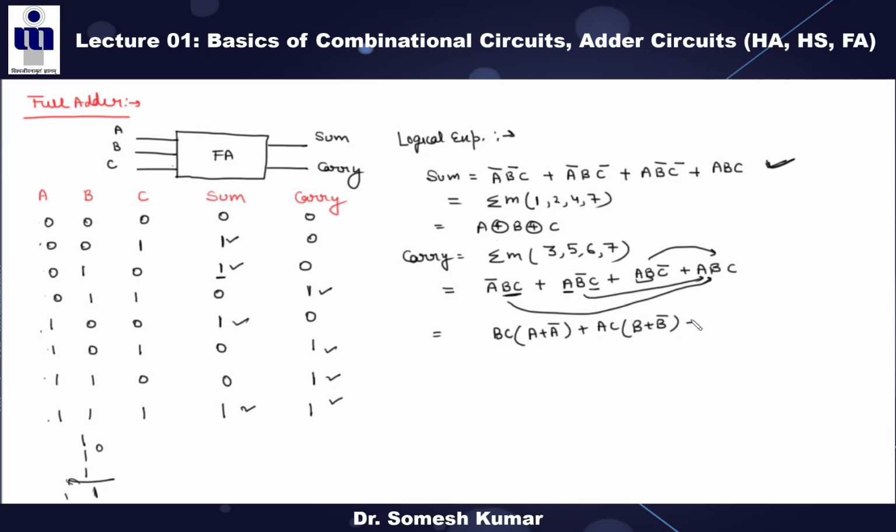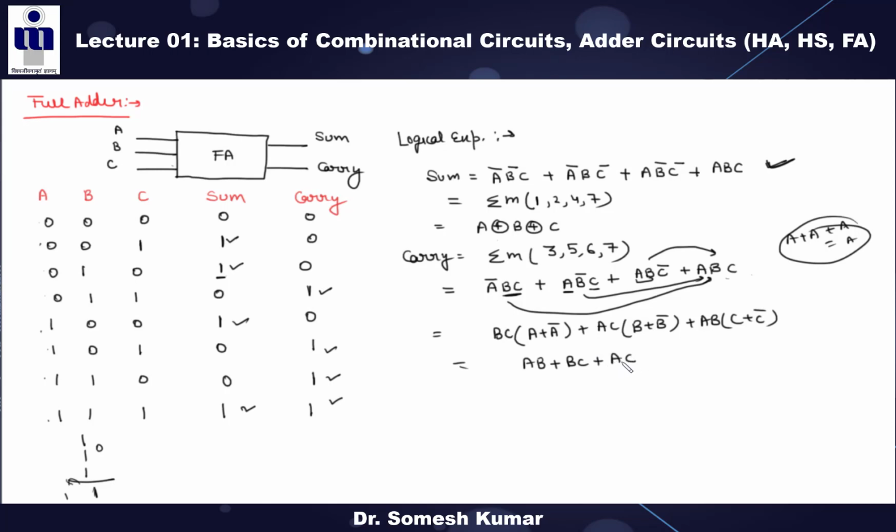If I take AB common, what is inside? Because you know A plus A is A, always A, so I can take A common any number of times. So what is this? AB plus BC plus AC.